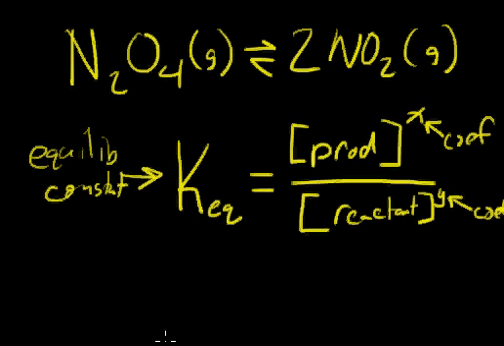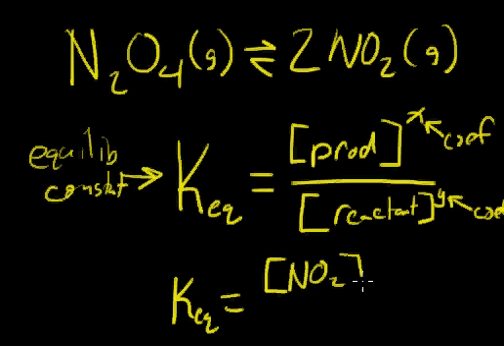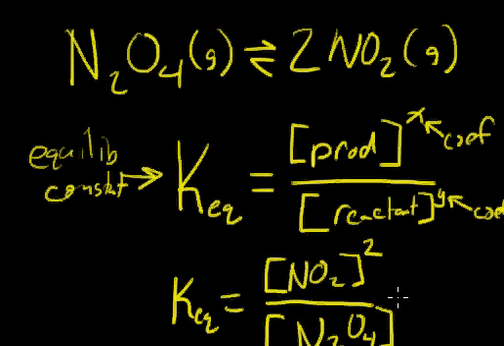So for this particular reaction, the equilibrium constant is equal to the concentration of our products, which is NO2, raised to its coefficient power, 2, divided by the concentration of our reactants, which is N2O4, raised to its coefficient, which in this case is 1. And of course, with exponents, you don't have to write a 1, but I'm going to write the 1 just to emphasize that the coefficient was 1.